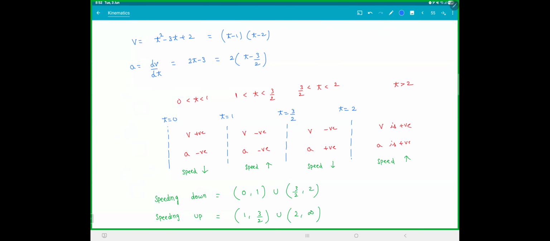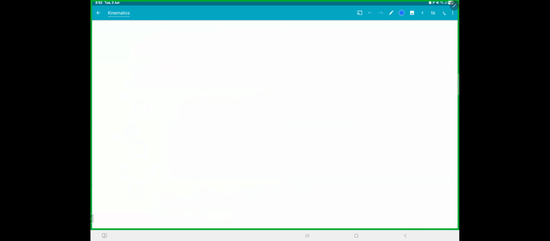Great. So that's a bit about this one. Next thing, uniform accelerated motion. So till now we have done distance and displacements, and average velocity, average speed, and all that stuff. So when you say uniformly accelerated motion, it simply means you're taking a constant acceleration.